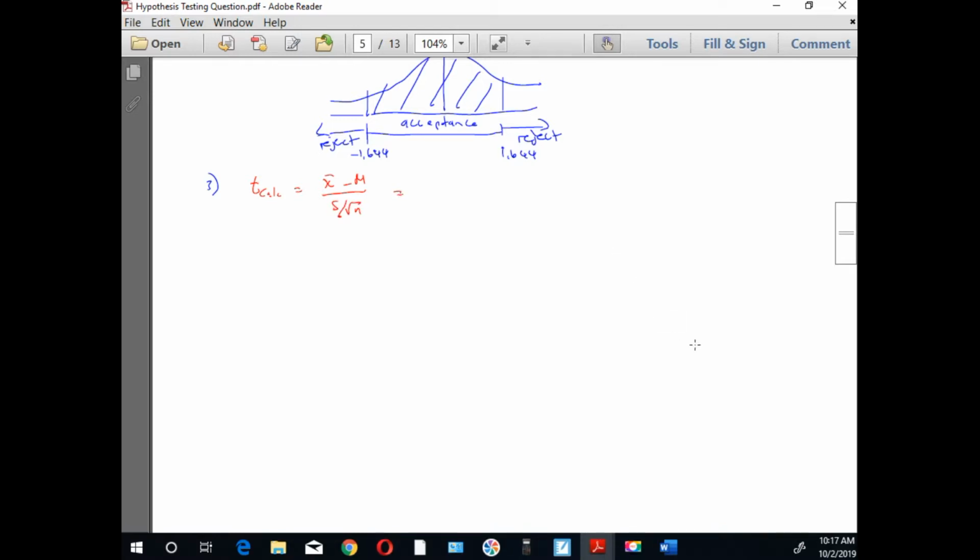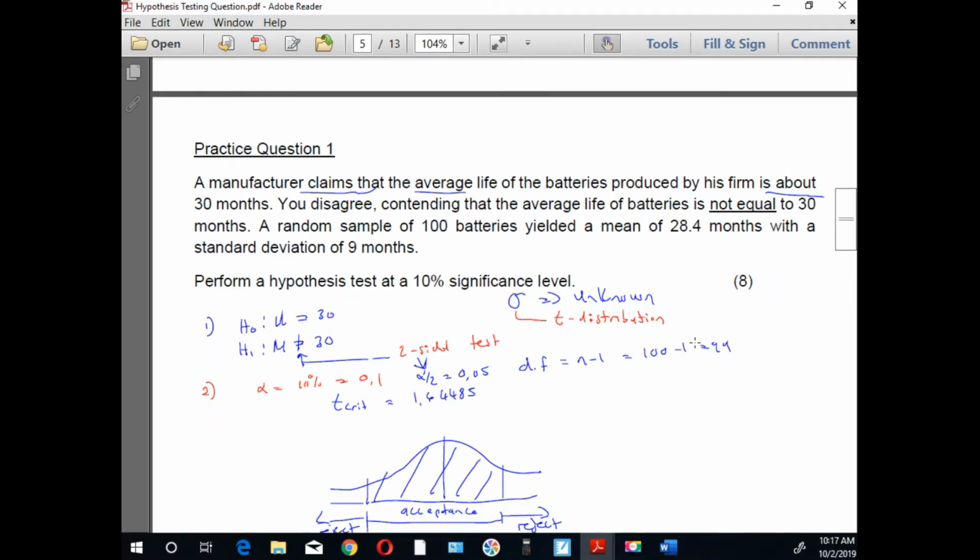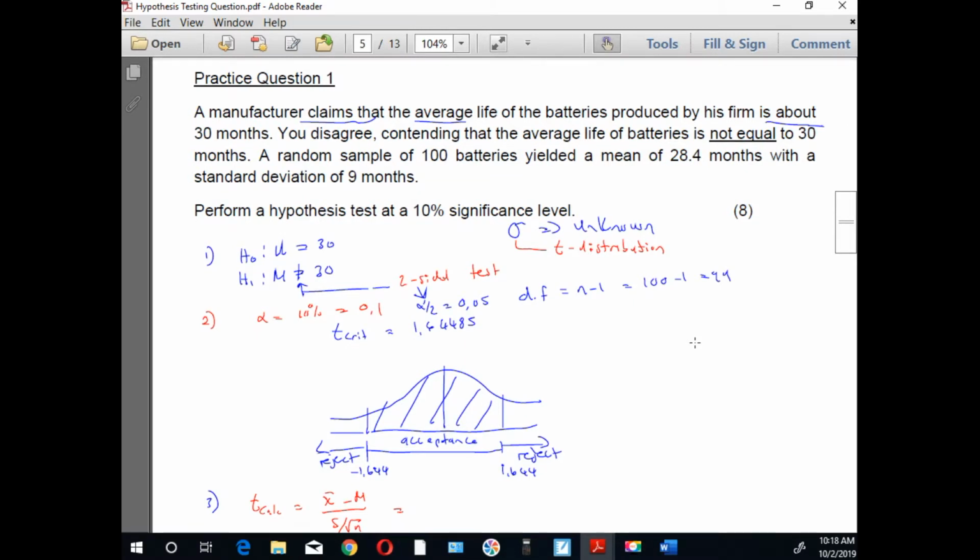They said the sample yielded a sample mean, so this one is the x bar, this is the n, this is the s. So simple.